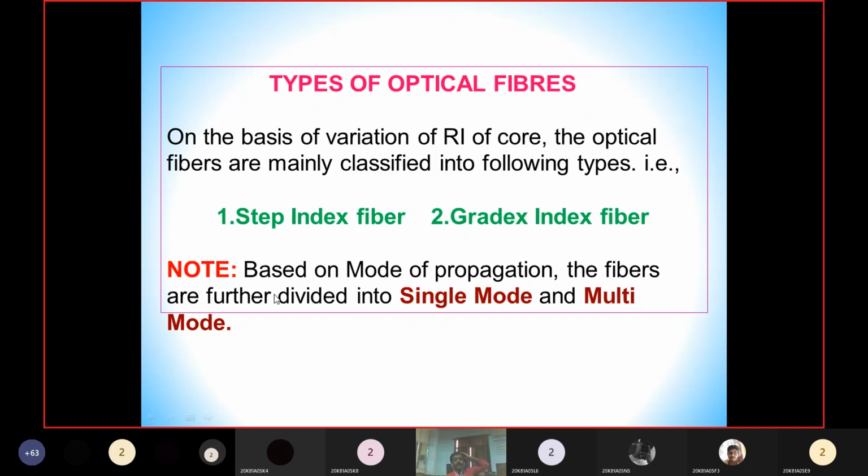Next is the classification based on the mode of propagation. Again there are two types: single mode optical fiber and multi-mode optical fiber. Based on the refractive index there are step index and graded index, and based on the mode of propagation there is single mode and multi-mode propagation.